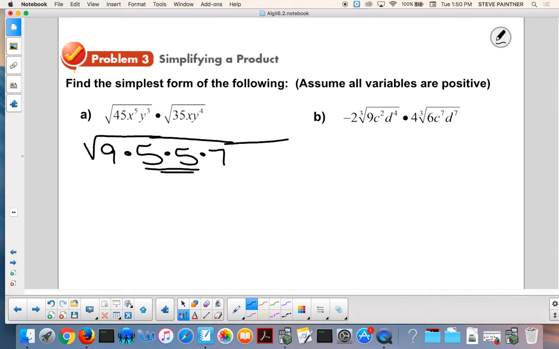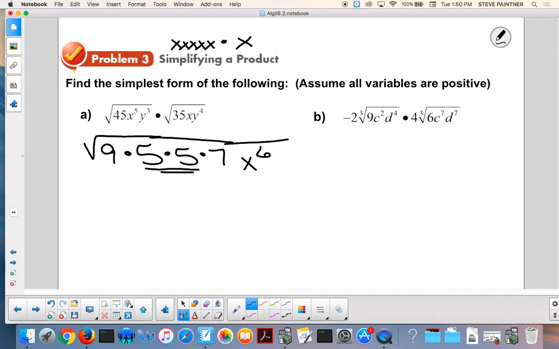Now, the variables: x to the 5th times x to the 1st. Guys, when you multiply 5 x's times 1 x, you get x what? No, 6. 5 of them plus 1 more, 6. So the rule is when you multiply like variables, you add the exponents.